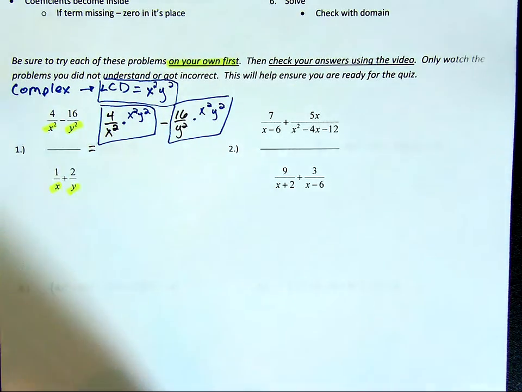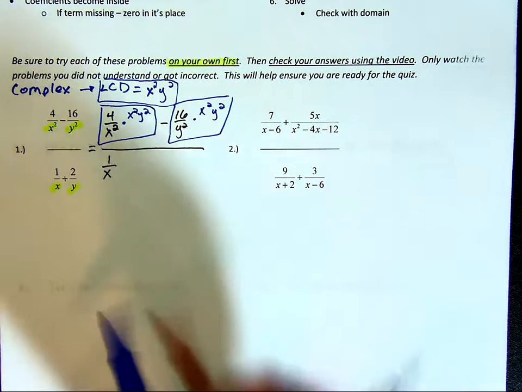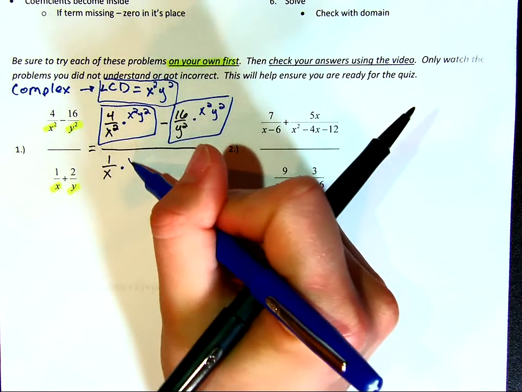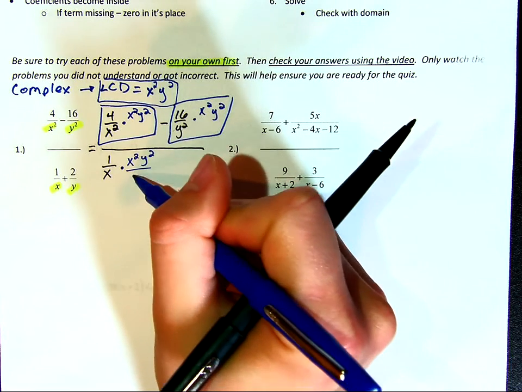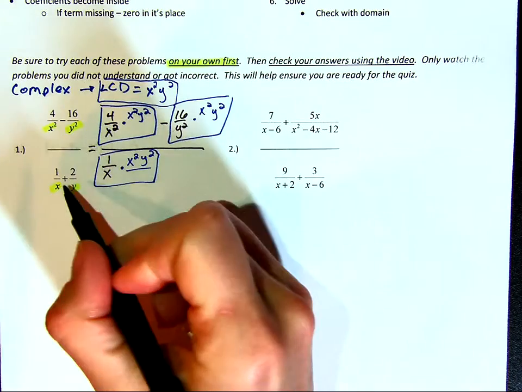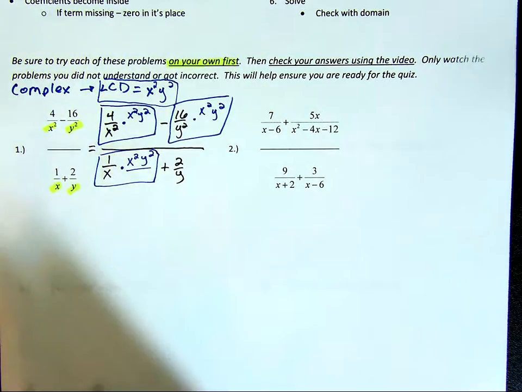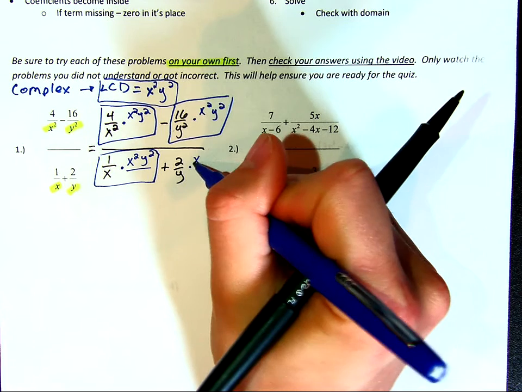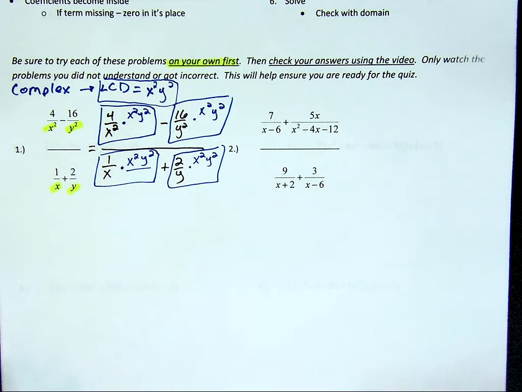Do the same thing on the bottom. Bring over the 1 over x, multiply that by x squared, y squared, box it in, bring over the plus and the 2 over y, and multiply that by our LCD, x squared, y squared, box it in. Then we can go ahead and we can simplify each box.